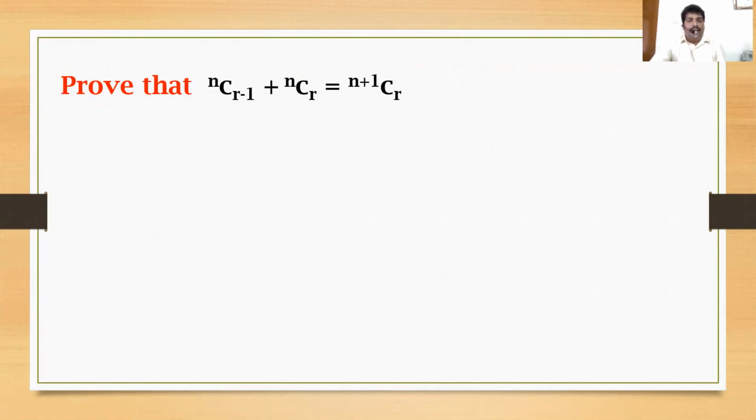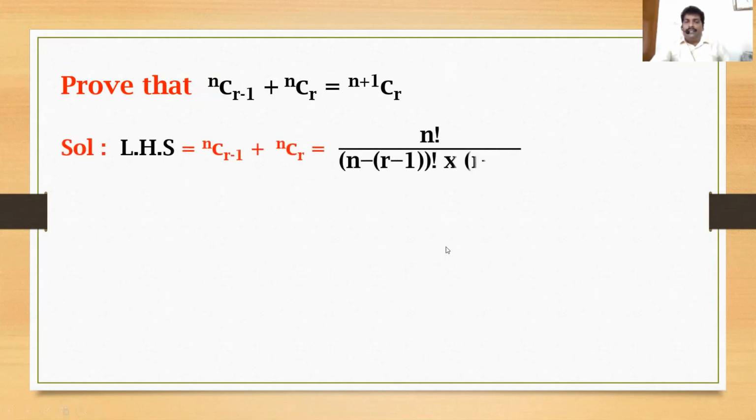First, I'll take the LHS, the left hand side part. Left hand side, NCR minus 1 plus NCR. NCR minus 1 formula: n factorial divided by n minus r minus 1 factorial into r minus 1 factorial. Because the difference here is r minus 1 is there in the place of r.